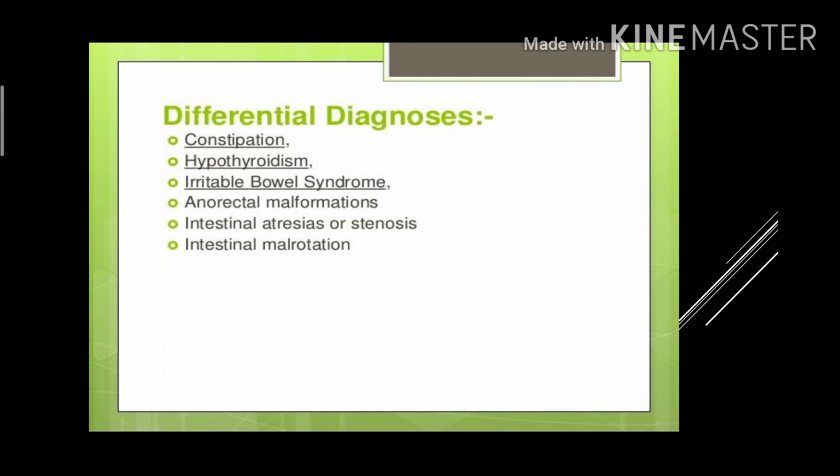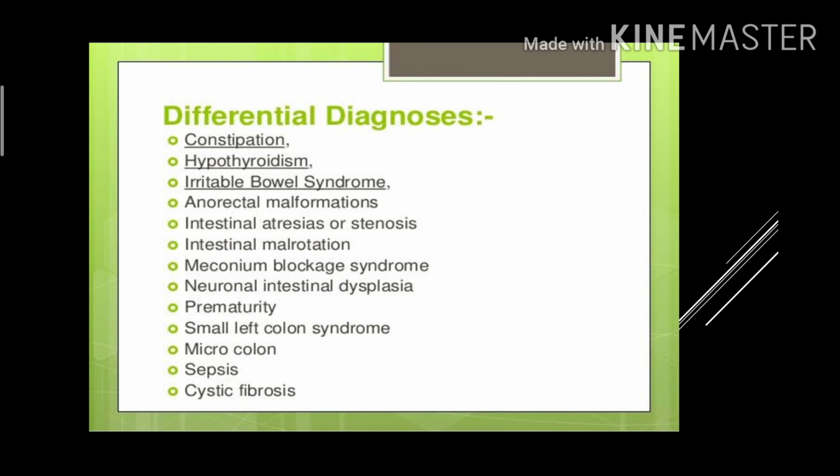Other things are anorectal malformations, intestinal atresia or stenosis, and intestinal malrotation. Again, another set of differential diagnoses ranging from meconium blockage to cystic fibrosis is also there. So, to understand which one is HD and which is not, we have to rule out other causes by doing TSH, by doing a proper clinical examination.